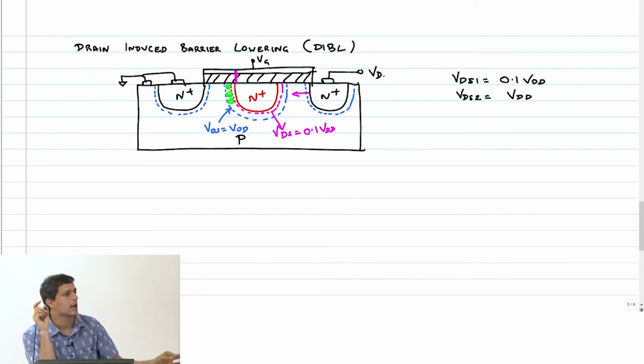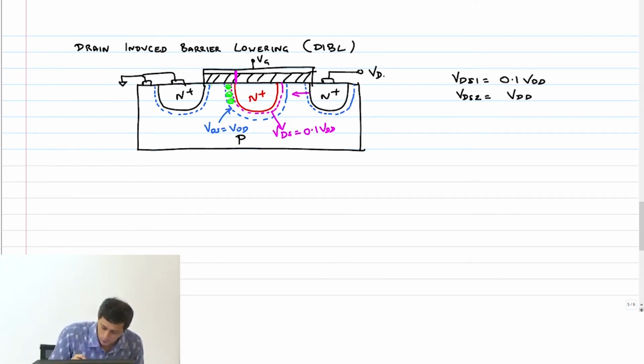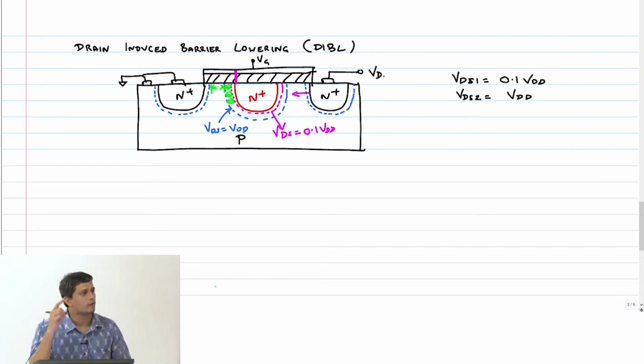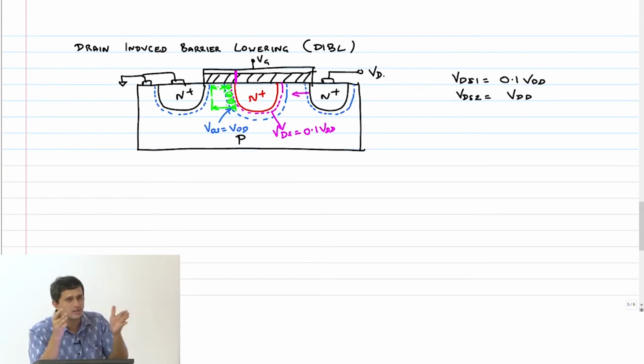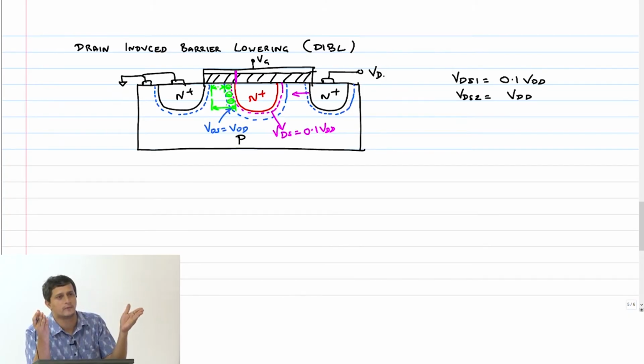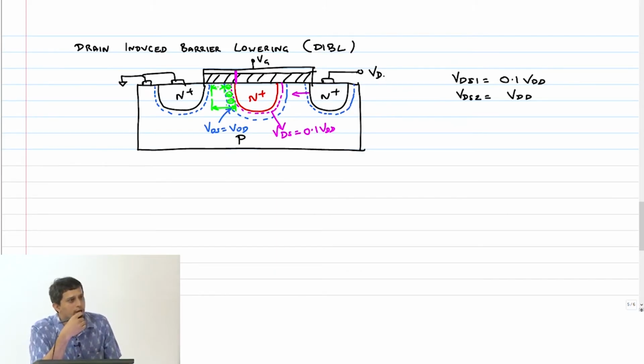Now if I start ramping up the gate voltage, the gate has to deplete only so much of the channel. On the other hand, if VDS was 0.1 VDD, then the gate would have to deplete all the way till here. There is more part of the channel that it has to deplete. Therefore, which threshold voltage do you think is going to be higher? 0.1 VDD, it has to do more work and therefore that has to be.